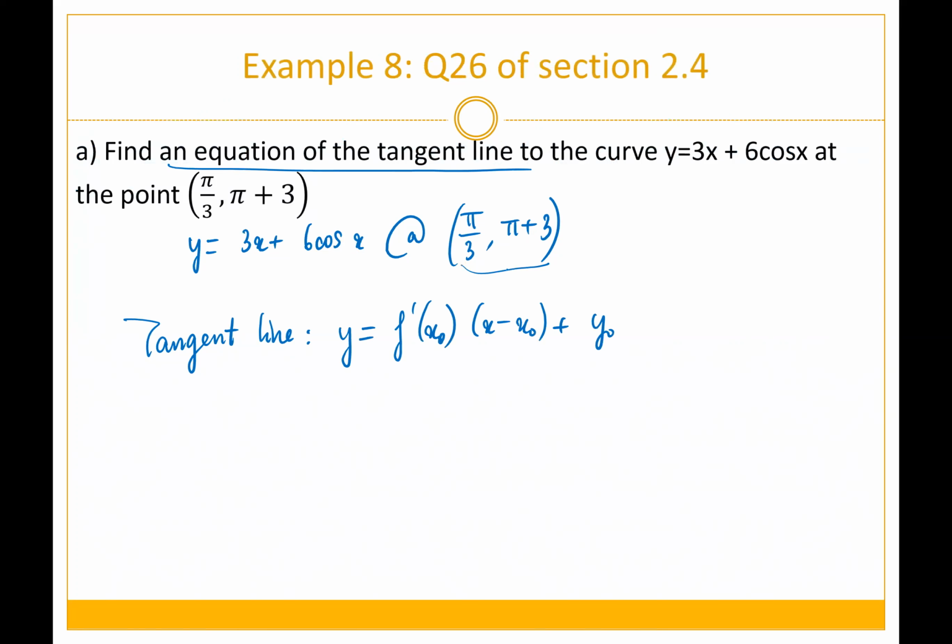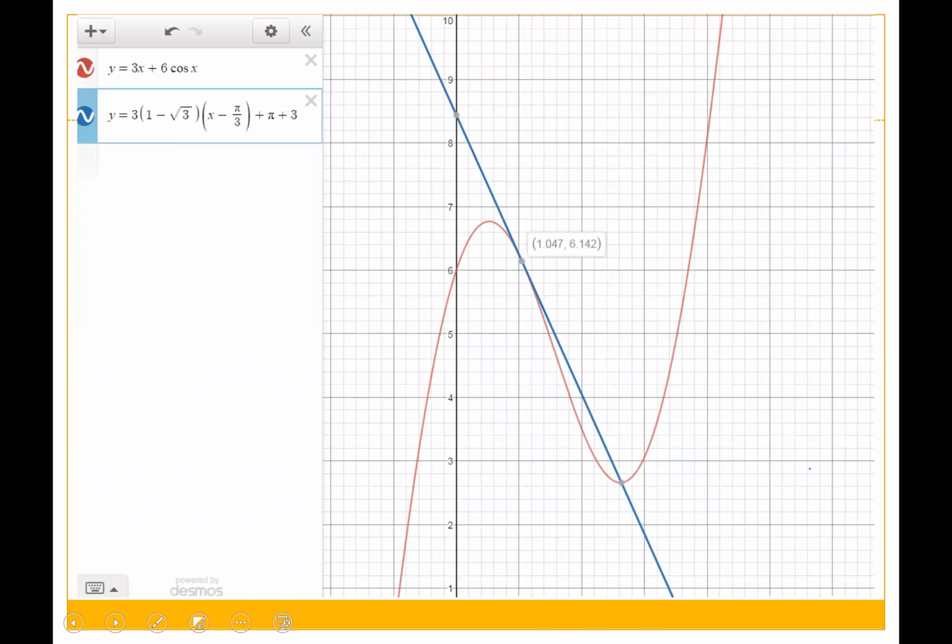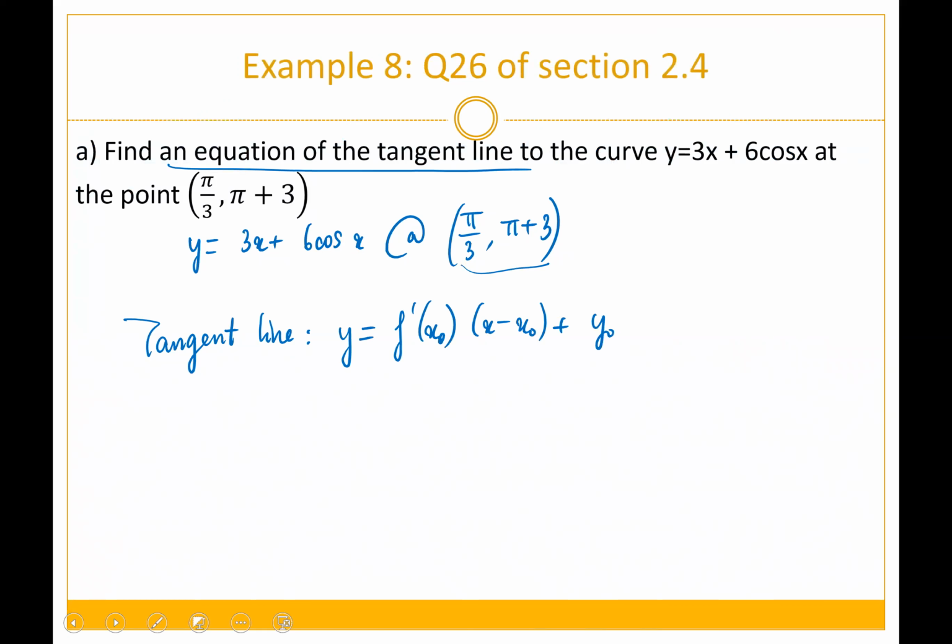So this is the general formula. To find a tangent line, first we need the slope. Second, we need the coordinates. Here we're given the coordinates already, so we just need to find the slope of the tangent. And as I said, the meaning of derivative is the slope of a tangent at that point. So basically we have to find the derivative of this function and then plug pi over 3 in. So y prime is equal to, this is a polynomial, so the derivative of 3x is just 3, because the derivative of x with respect to x is 1.